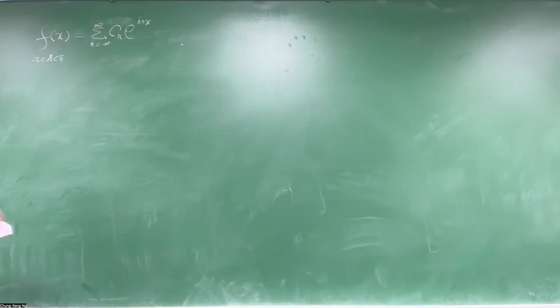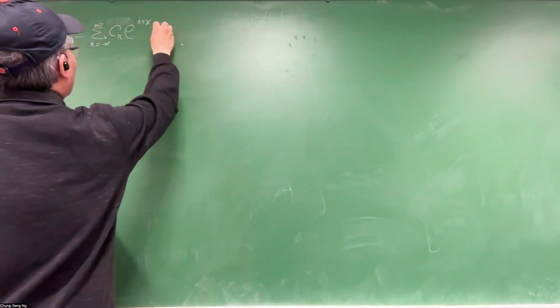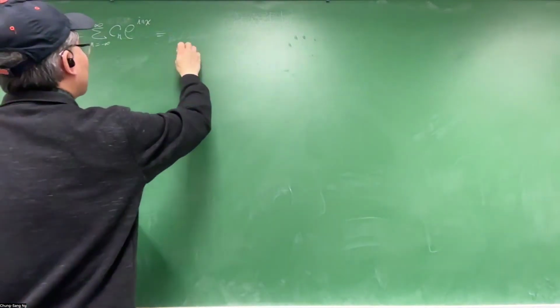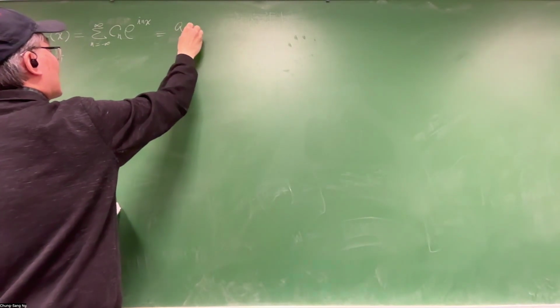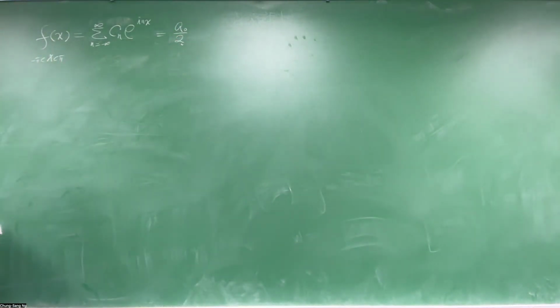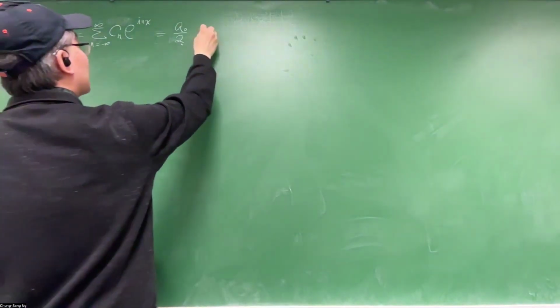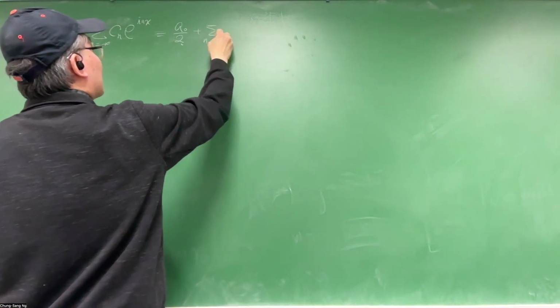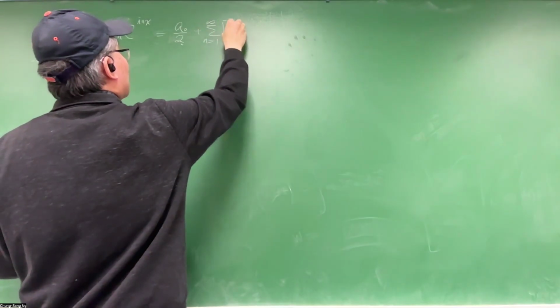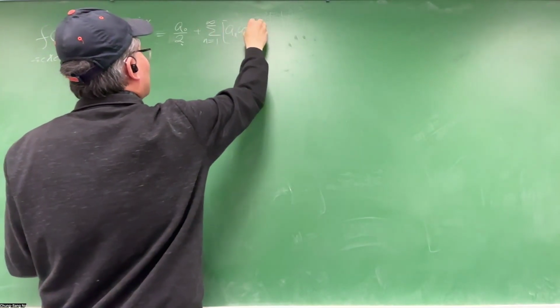And then you can also equivalently write it in sine and cosine. In that case, the constant term has a slightly different form. You divide it by 2, and then the other term, this cosine and sine.